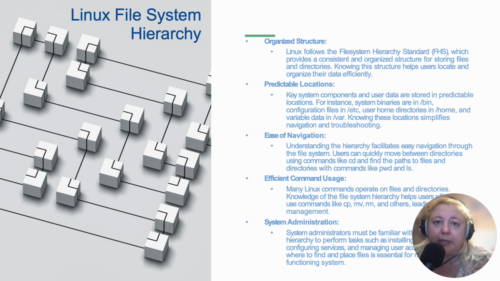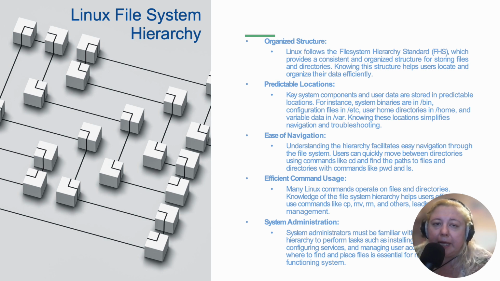Linux has an organized structure that we call the File System Hierarchy Standard, or FHS, which provides a consistent and organized structure for storing files and directories. Knowing the structure helps users to locate and organize data efficiently. So make sure you spend some time with that slide that I showed you earlier with the file system hierarchy tree.